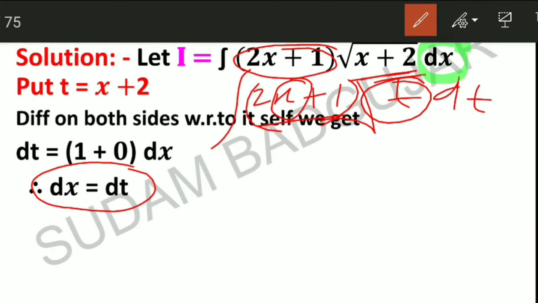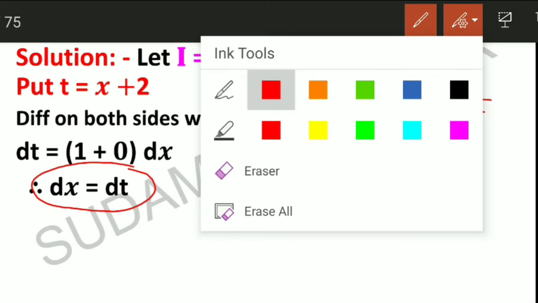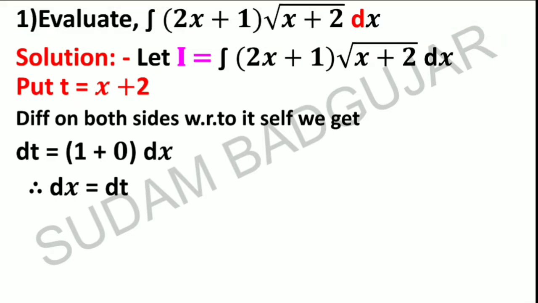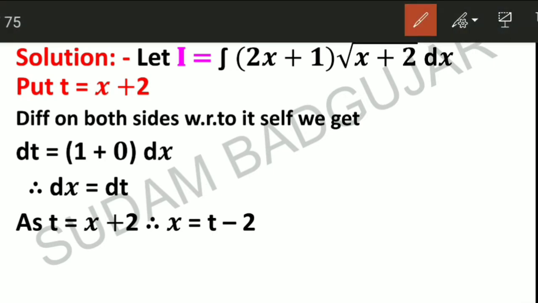So you have to find the value of x in terms of the new variable t. What is t? x plus 2. So x becomes t minus 2, and you make a bracket for this value. We want x also. x is very important and dx is also important.